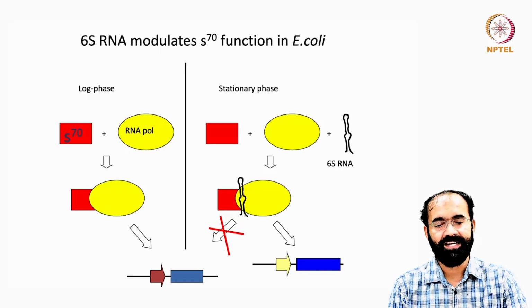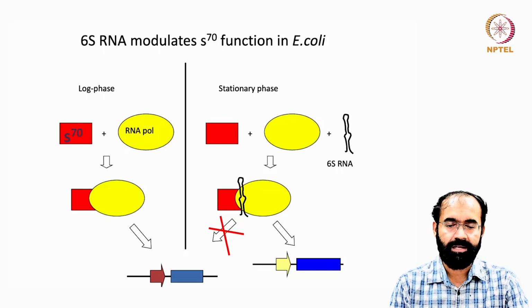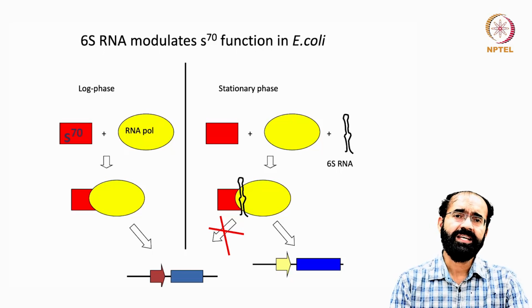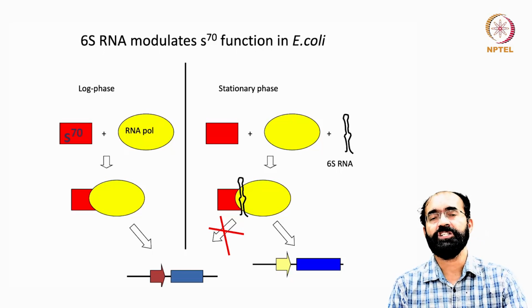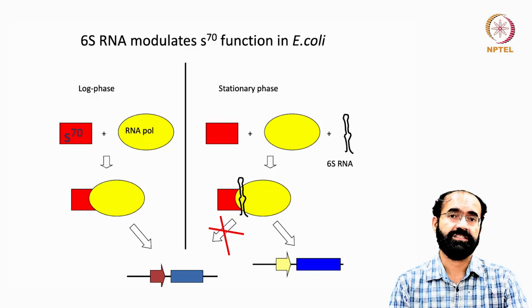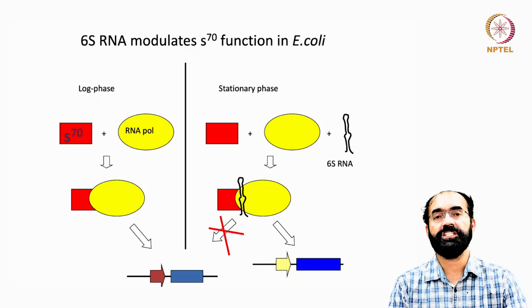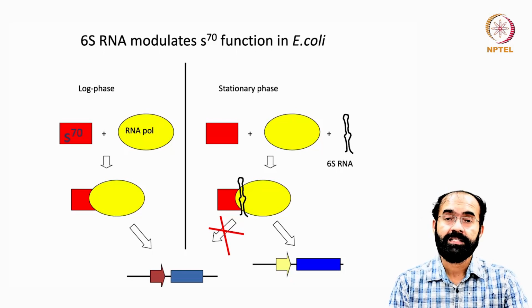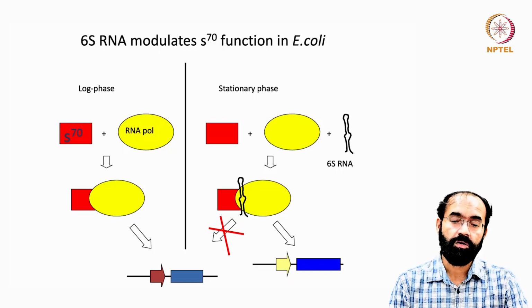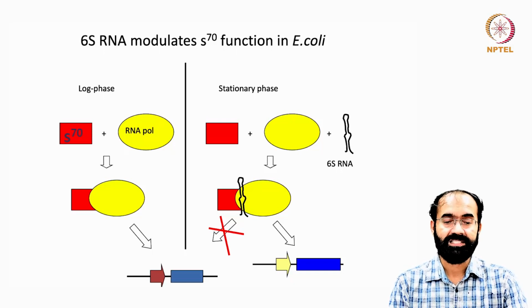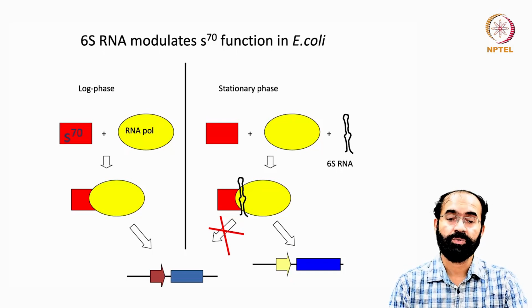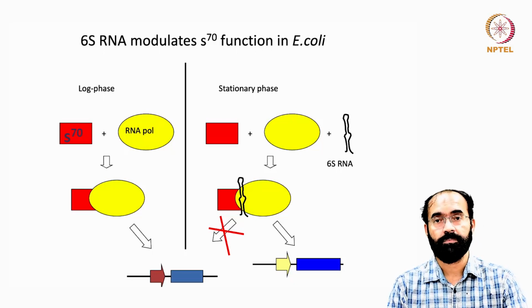Similarly, if sigma 70 and RNA polymerase come together, they will turn on a bunch of genes. If this happened, the medium should have enough nutrition to utilize it. But this 6S RNA, if it is present, will not allow sigma 70 and RNA polymerase to act on the genes' promoters.